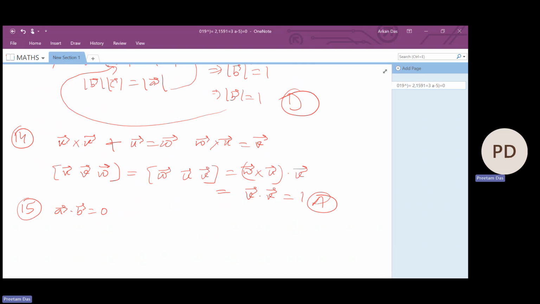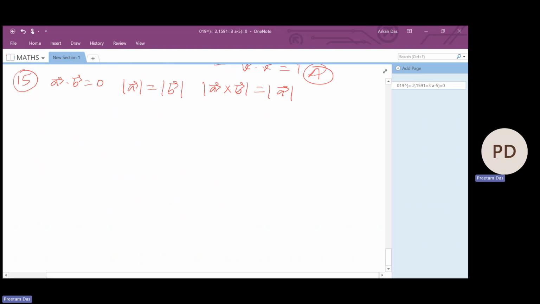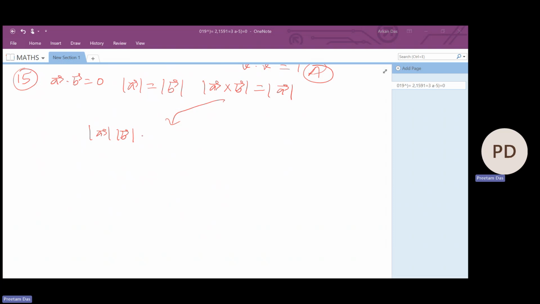Mod A is equal to mod B. And also mod of A cross B will be mod of A. So definitely we have to solve this equation. If you solve this equation, then you will get mod A mod B sine theta, but the angle is 90, is equal to mod A. So we can say that mod B is equal to 1.